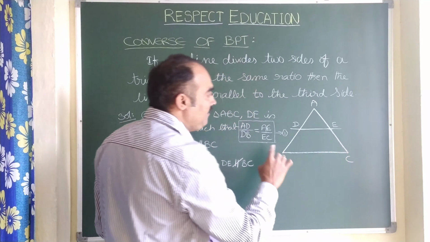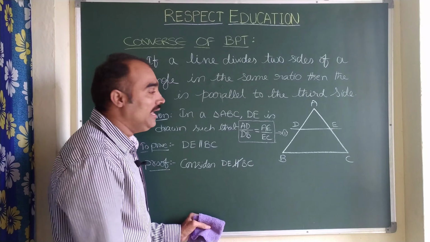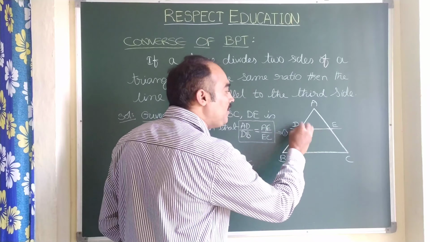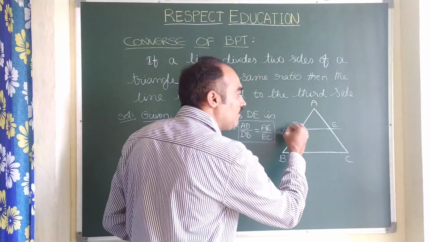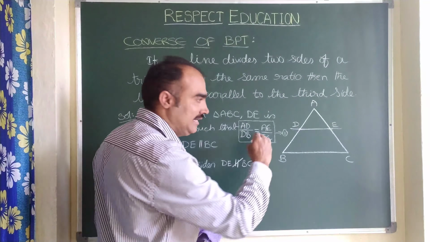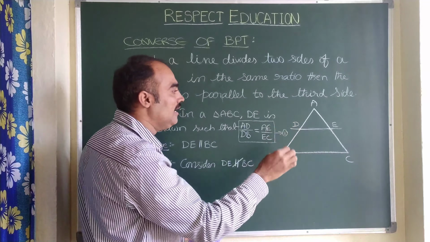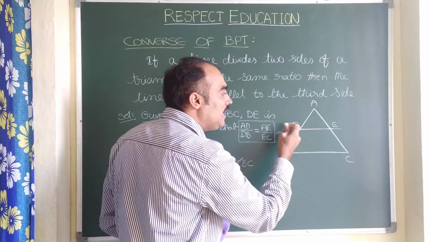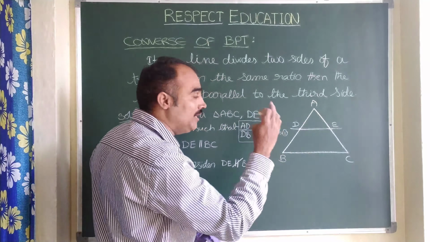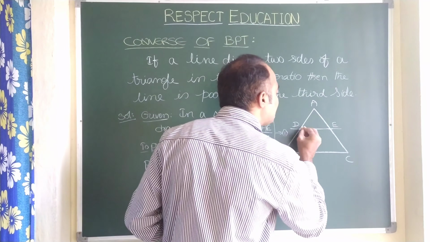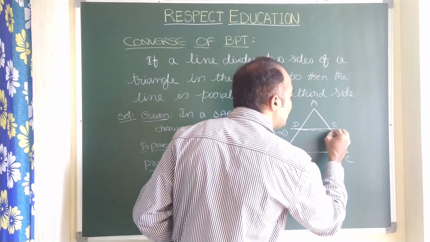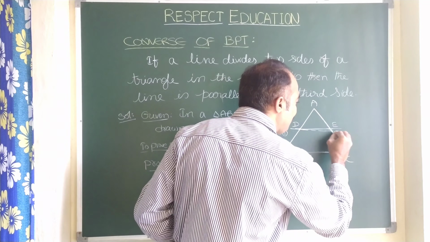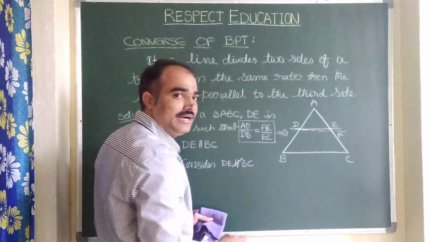If DE is not parallel to BC, can we draw a parallel line from D? Definitely yes. From D we have drawn one line, DE, that is not parallel. Then definitely from D we are able to draw one more line parallel to BC. So let us construct another parallel line from D, and let us take this point as F. See here, E and F both are different.